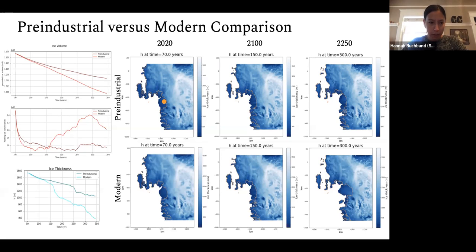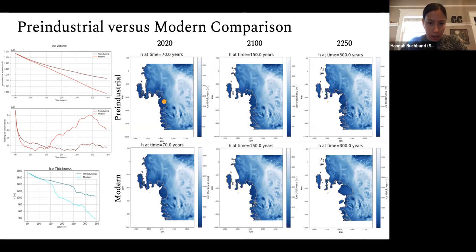And then this third figure down in the bottom left-hand corner shows ice thickness change over the same period, taken from a point on Thwaites, shown with the orange dot in that top left map. So you can easily see that ice thickness remains much higher for pre-industrial conditions than modern ones.